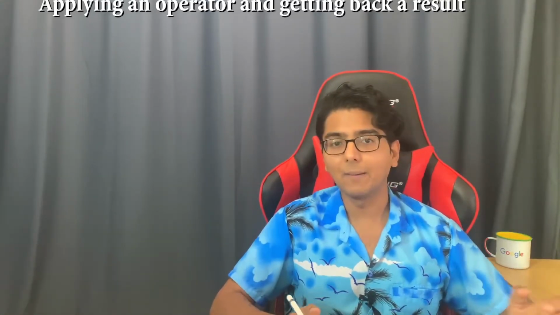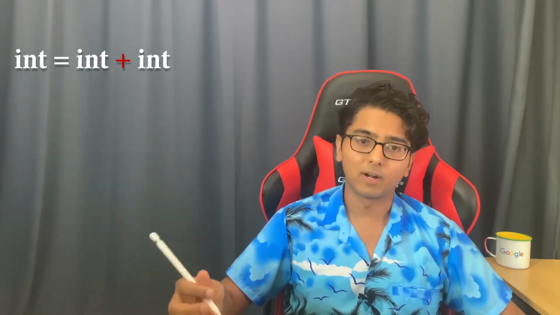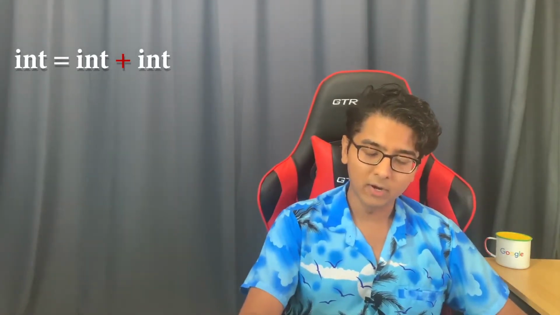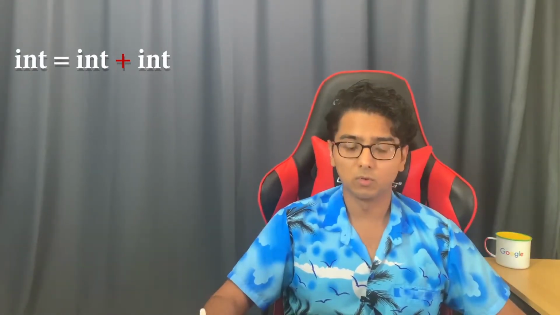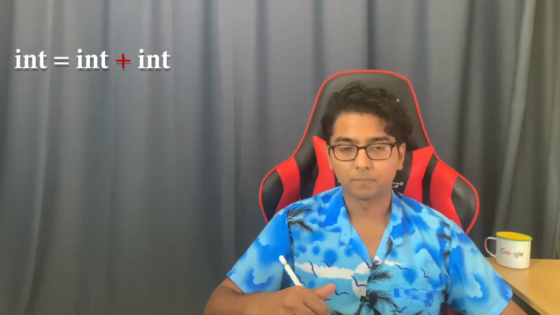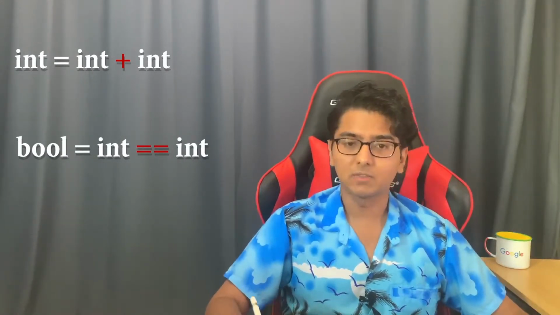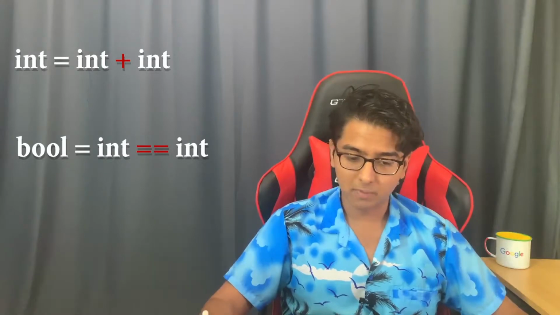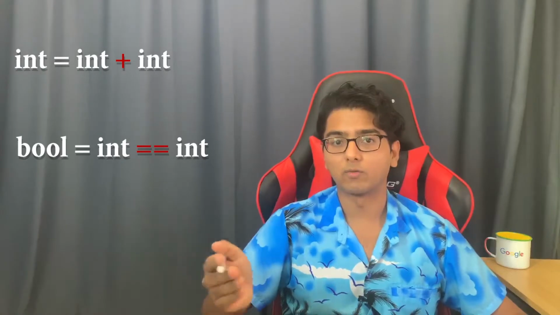Now, depending on the operator, you would have a different type come out. For example, if you take two ints and add them together, your output is just going to be an int. However, if you apply any of these comparator operators, the equal equals, the greater than, the not equal to, the less than operator, then what you'll be getting is a Boolean output, because the answer to each of these questions, does A equal B or is A not equal to B, is just a true or false.